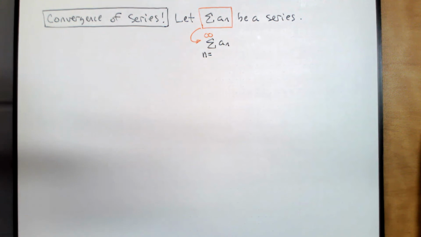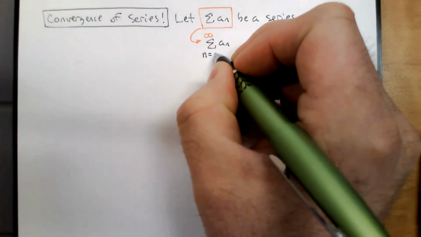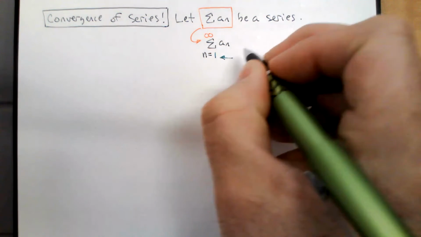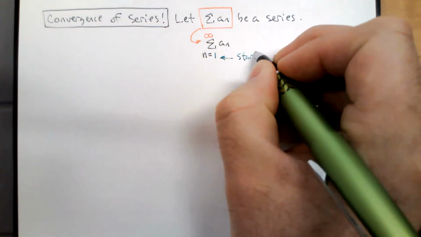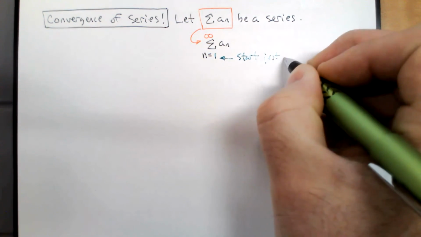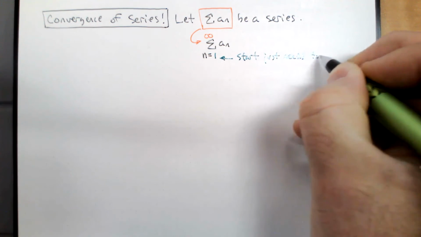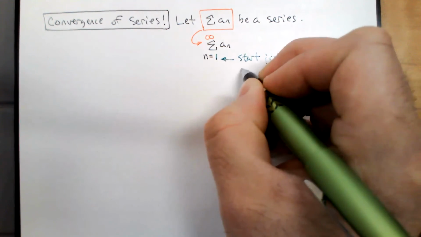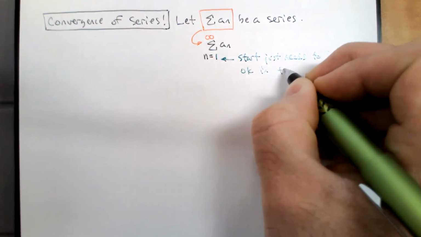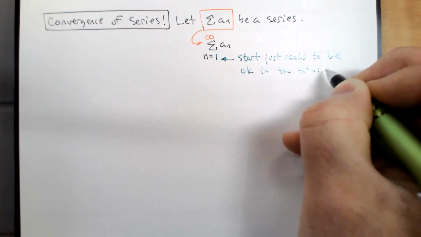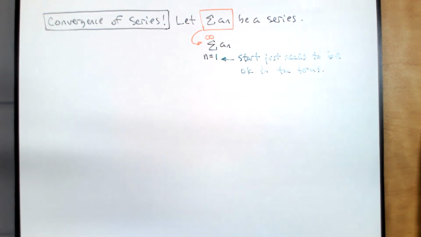The starting value just needs to be something that makes sense. As long as the starting value makes sense in all the terms, as long as the term is defined for all the values of the index, then where we start is irrelevant.